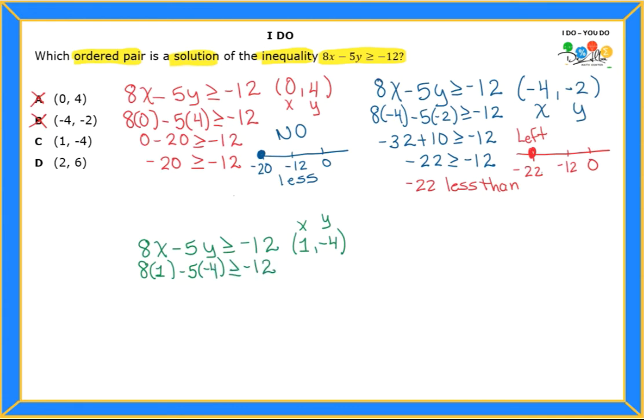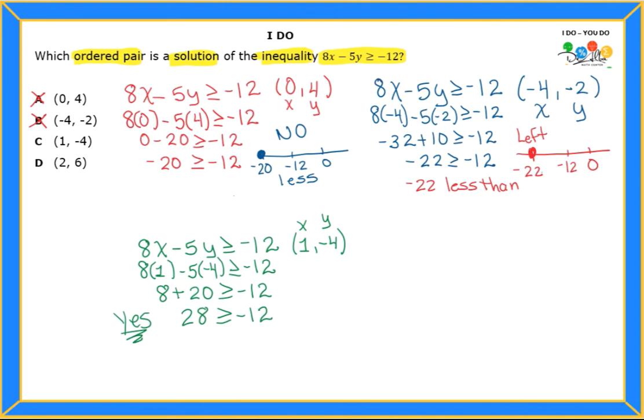Everything else stays the same. 8 times 1 is 8. -5 times -4 is positive 20. And everything, I bring it down. What's 8 plus 20? It's 28. And is that true? Is it true that positive 28 is greater than or equal to -12? Hopefully this one you can see as a yes right away, because a positive number will always be greater than a negative number. So it seems to me that that's the answer.